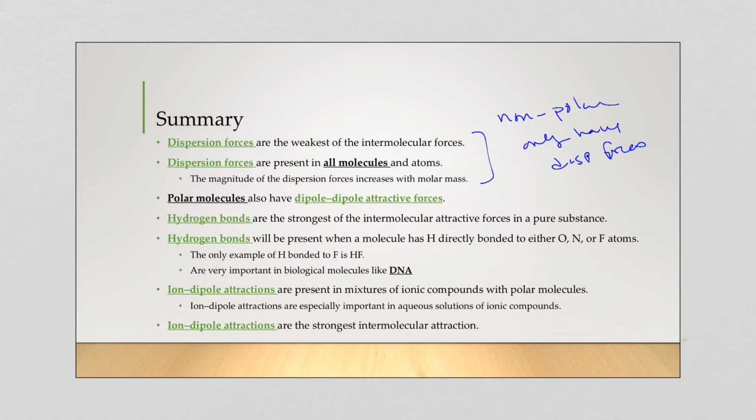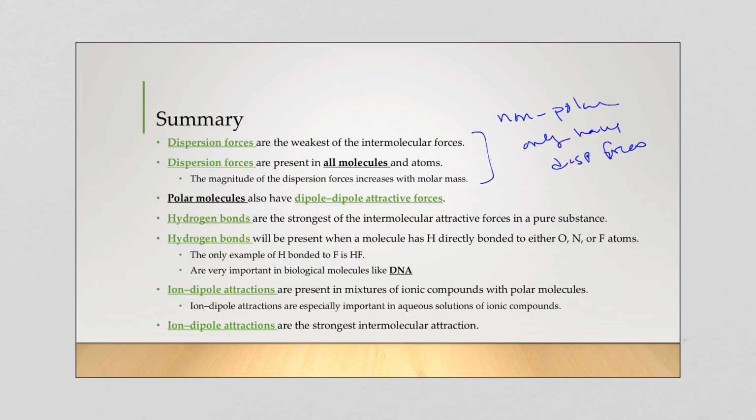And these are the strongest of all the intermolecular forces that a pure substance can have. They will be present when we have hydrogens bonded to O, N, or F. Now, the most common of these are, of course, OH and NH, because there's only one molecule that has an HF, and that's HF, hydrofluoric acid.